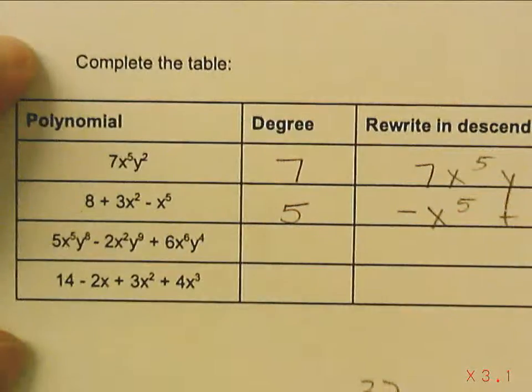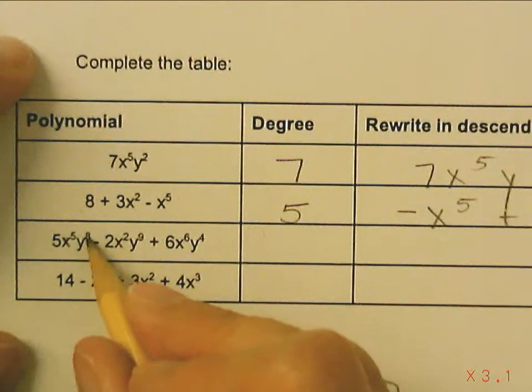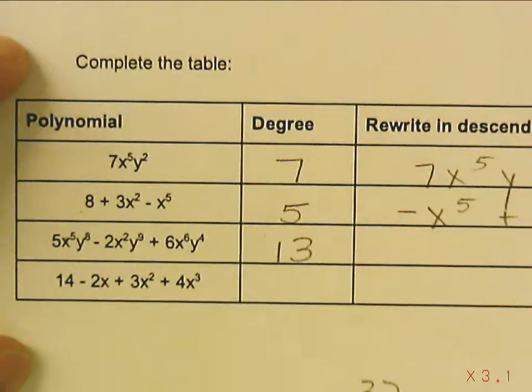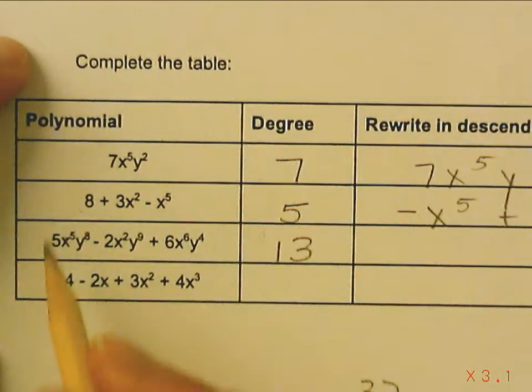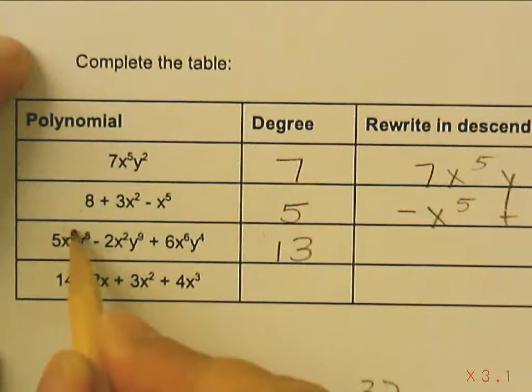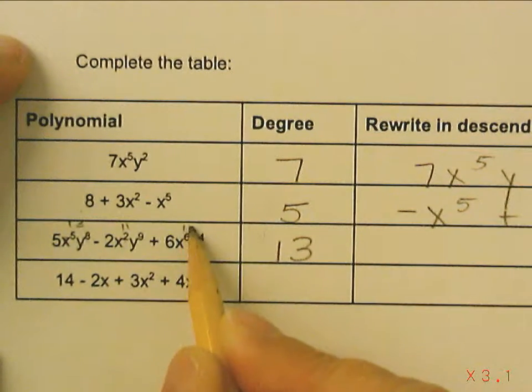The constant goes last. Now on this term, the degree would be, this is 11, this is 13, this is 10, so it would be 13. Remember, the way we find the degree of a polynomial is we look at the degree of each monomial within the polynomial. 5 plus 8 is 13, 2 plus 9 is 11, 6 plus 4 is 10.